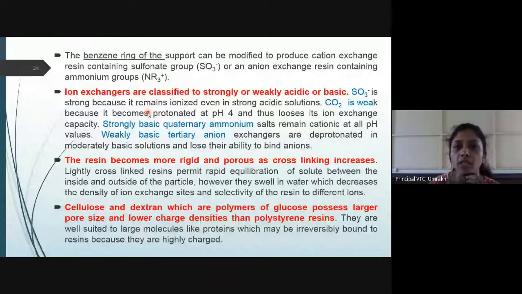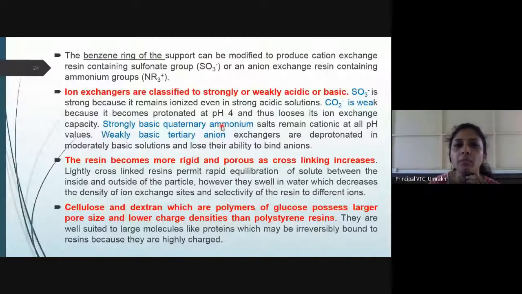But if there is a COO minus group present in your ion exchanger, then it will be a weak ion exchanger, because it becomes protonated even at a pH of 4, so it loses its ion exchange capacity. So SO3 minus is a strong cation exchanger, while COO minus is a weak one.